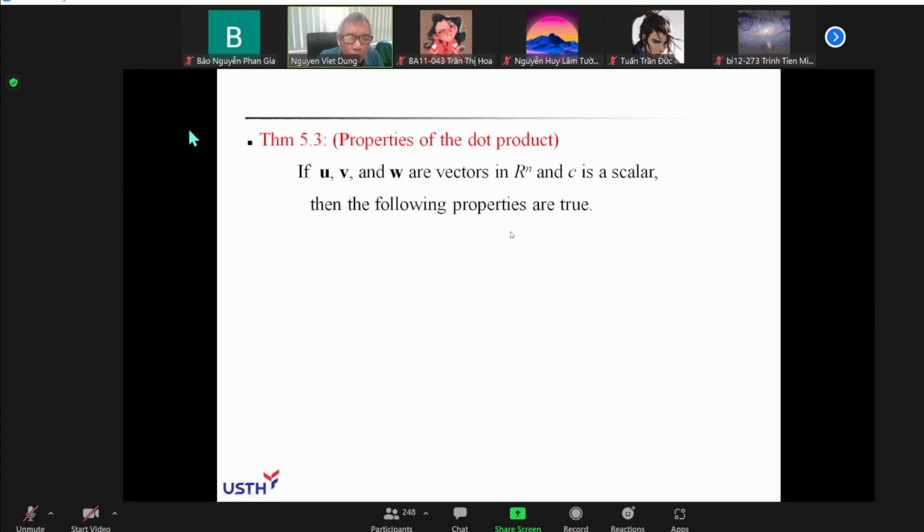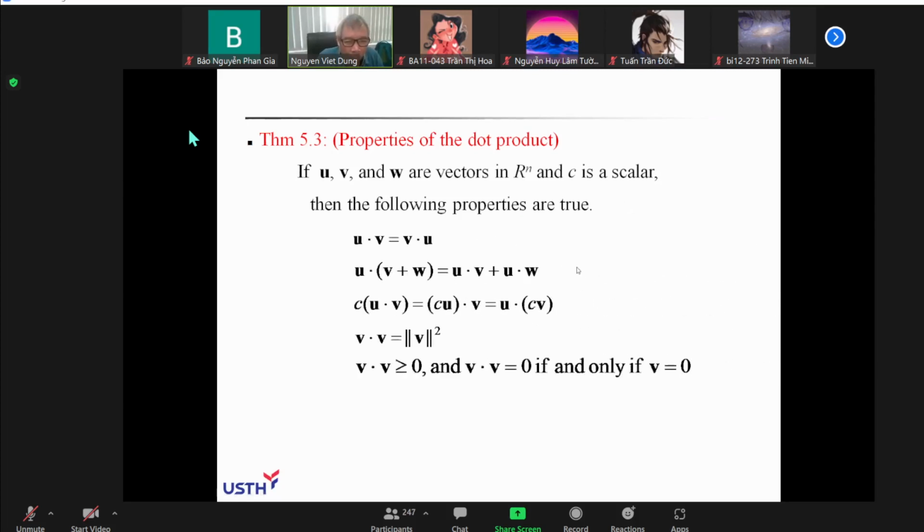And here are some properties for the dot product. Suppose that u, v, and w are vectors inside Rn, and c is any number, any scalar. Then we have the following properties. We have commutativity, distributivity, and something like associativity.